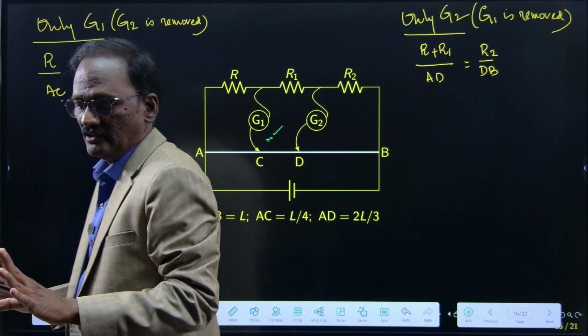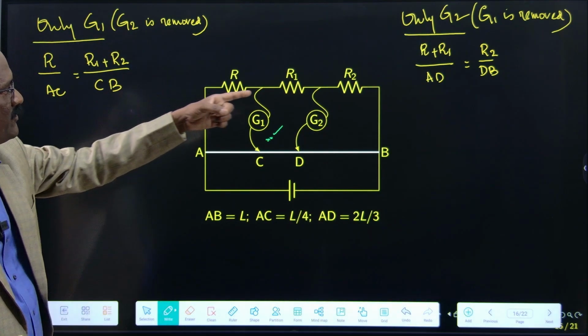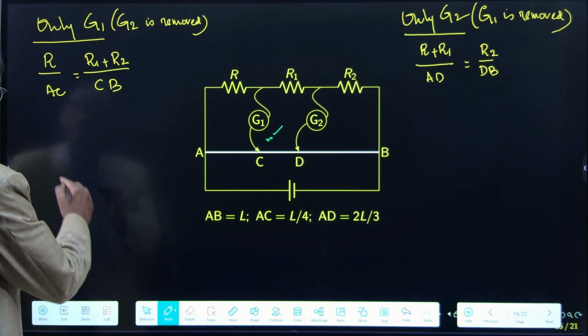Then we have to write their lengths. The details are given: what is AC, what is CB, what is AD, what is DB. AC is equal to L by 4.